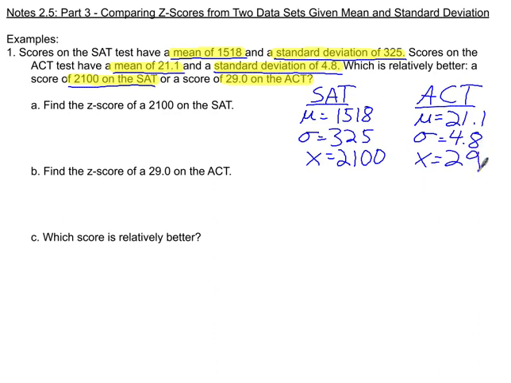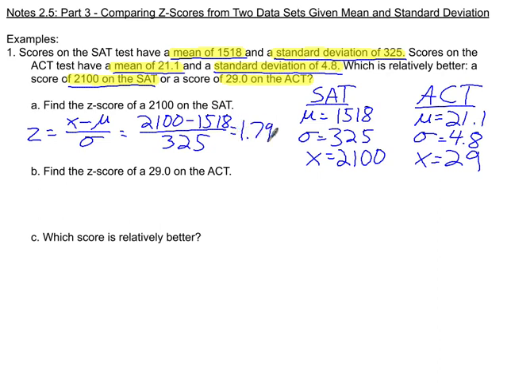Alright, so in part A, we're finding the z-score on the SAT, so we're substituting in 2100 minus 1518 all divided by 325, and that z-score comes out to 1.79.